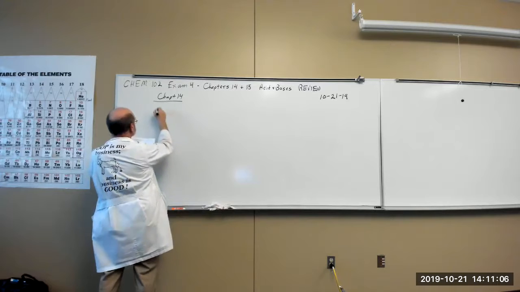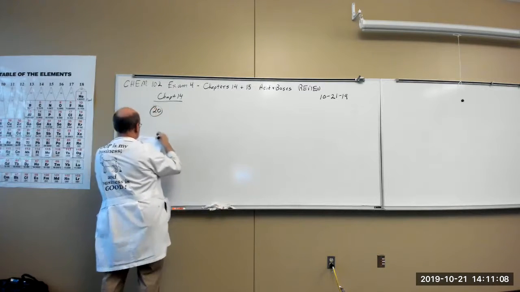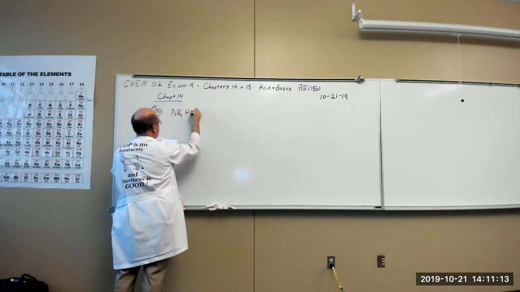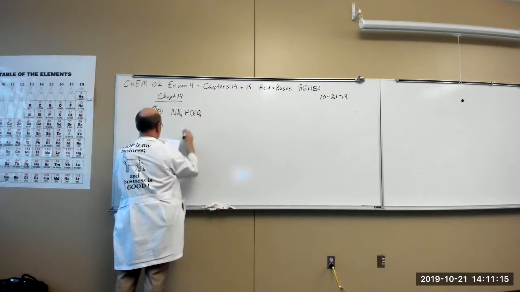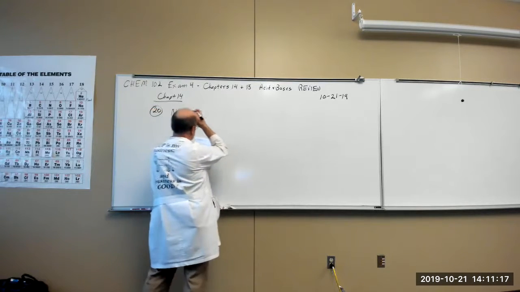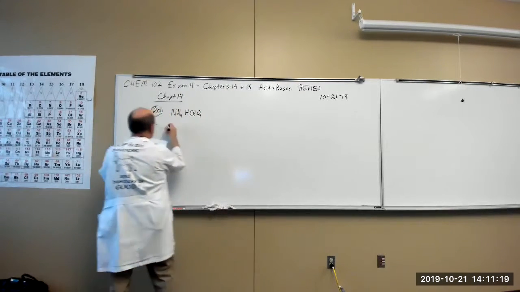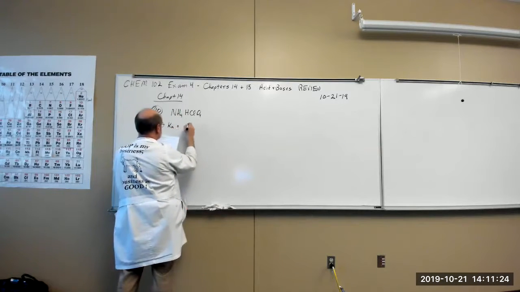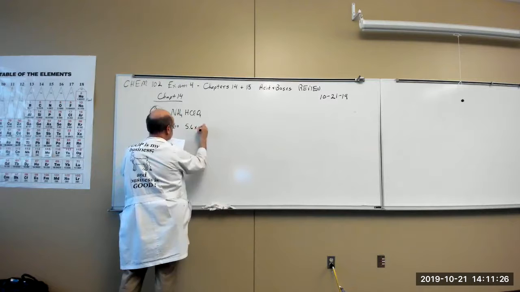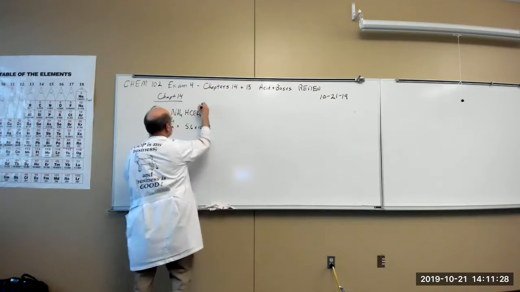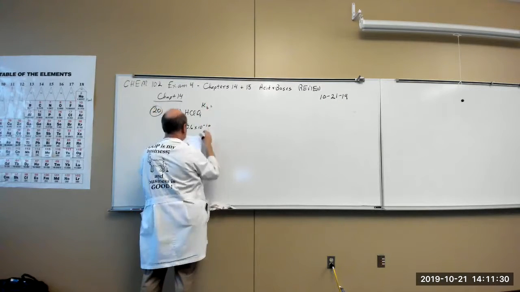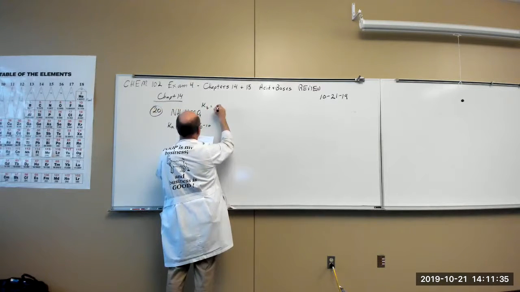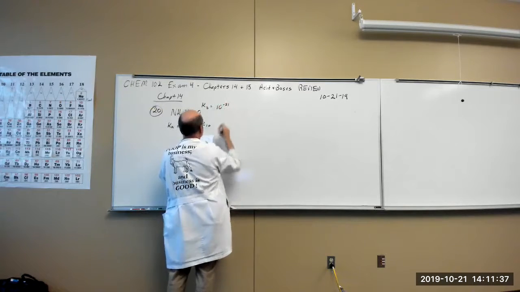Ammonium perchlorate. The Ka for that one is 5.6 times 10 to the minus 10, and the Kb for this one is roughly 10 to the minus 21.